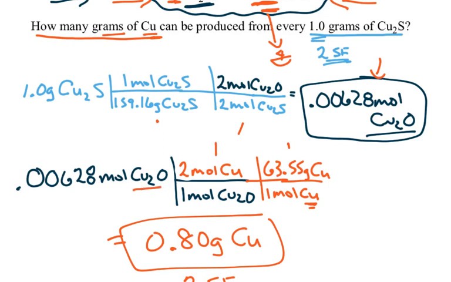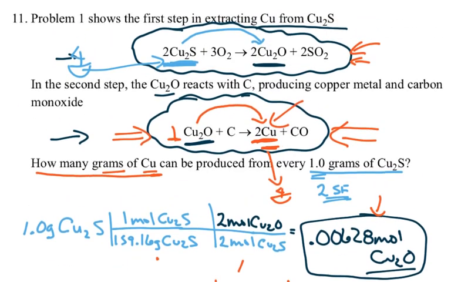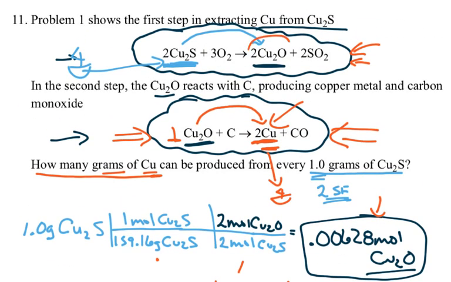We just stayed at moles, and then we just kept going. We treated it like 2 problems. We found moles here, and then once we found moles here, we said, okay, now we have a new problem. We don't have copper sulfide anymore. Now we have copper oxide. So then we started right here and just had a brand new problem. We don't have to think of it as anything different.